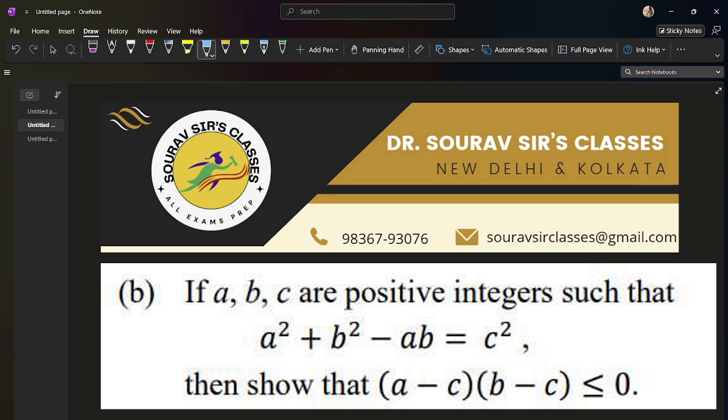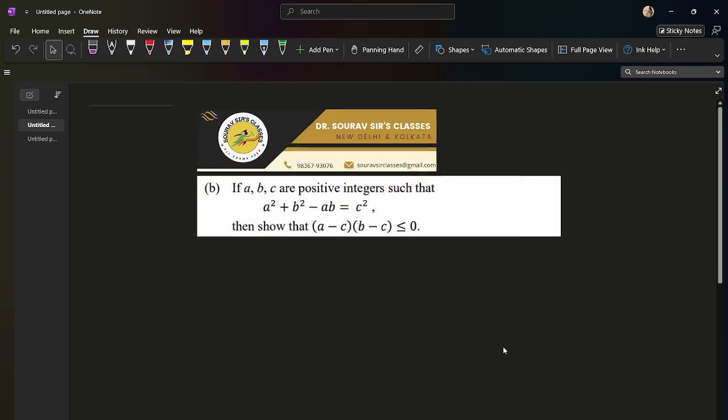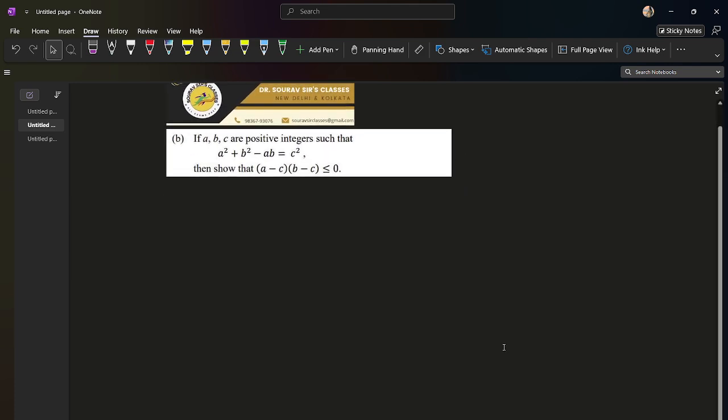Okay, so now I am going to solve a problem which appeared in ISI M.Tech QROR. The question is telling us that if a, b, c are positive integers such that a square plus b square minus ab equals c square, then show that (a minus c) into (b minus c) has to be less than or equal to 0.